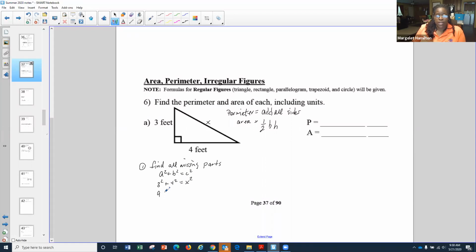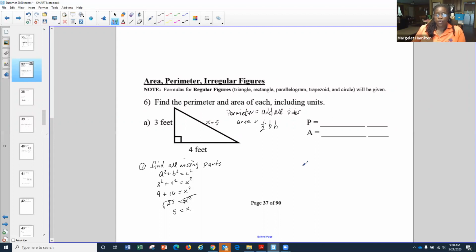That gives us 9 plus 16 equals x squared. 9 plus 16 gives us 25. Taking the square root of both sides, the square root of 25 is 5. So we see that x equals 5. All right, so now x equals 5. We have all the parts of our triangle.